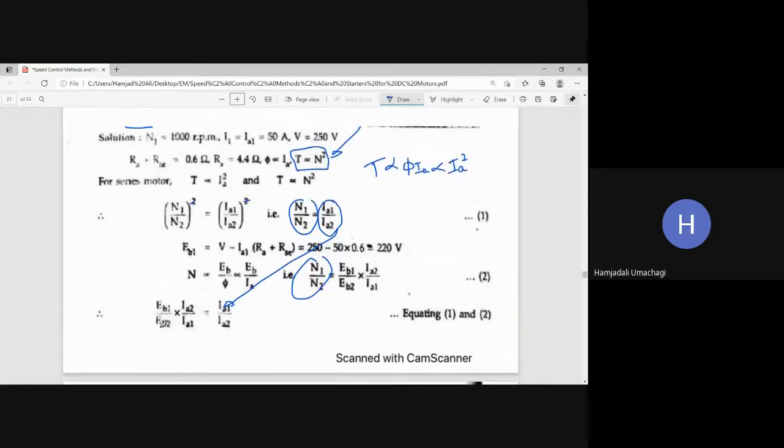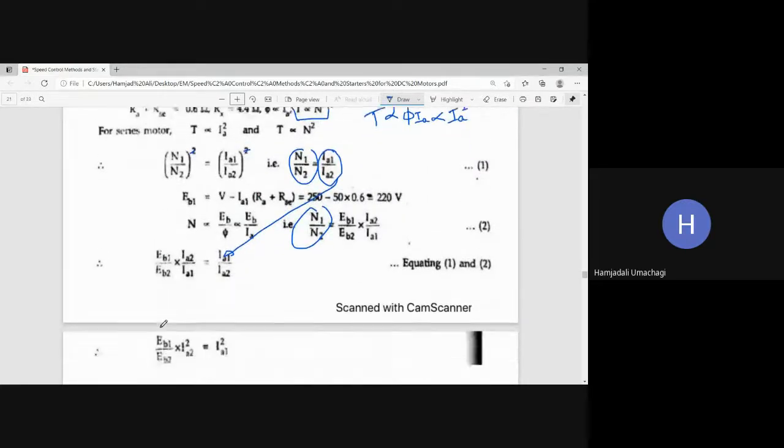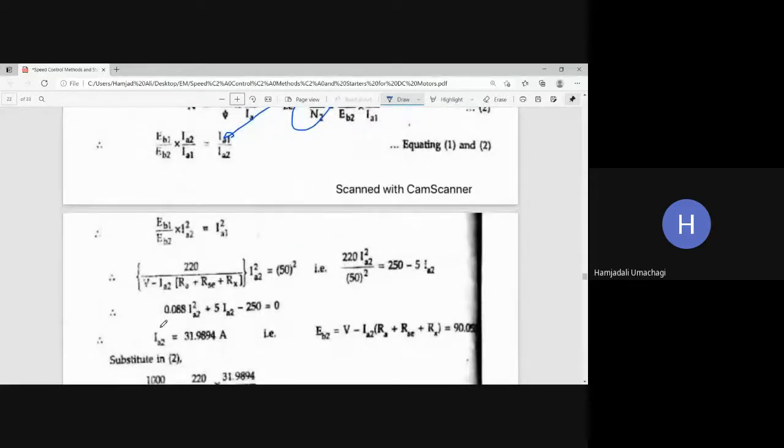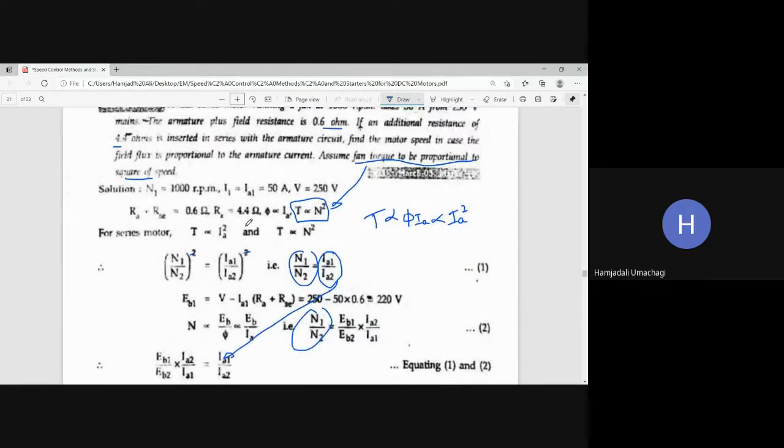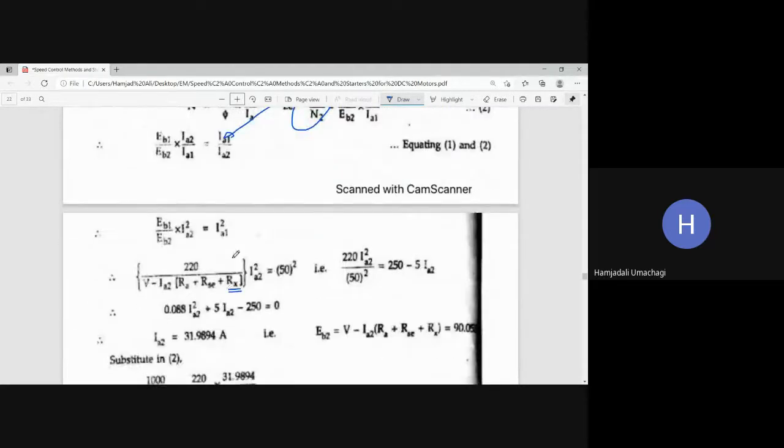So here V is known, then Ia2 is unknown here. And also Rx, what is the value of Rx? It is already given. Rx is 4.4. So in this equation everything is known except Ia2. This you should calculate.